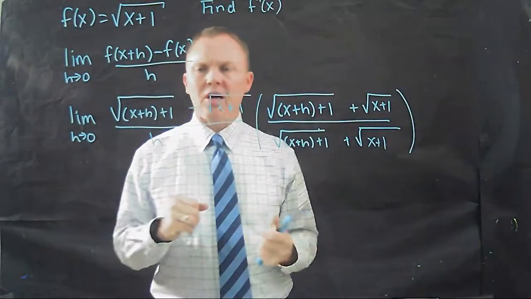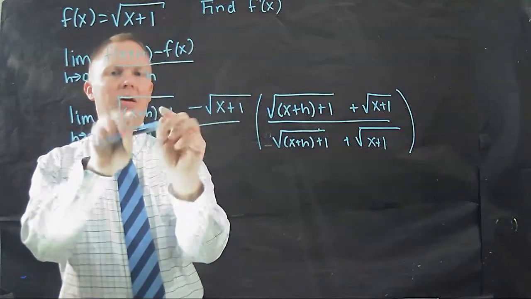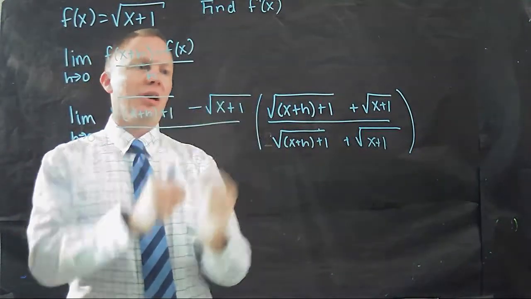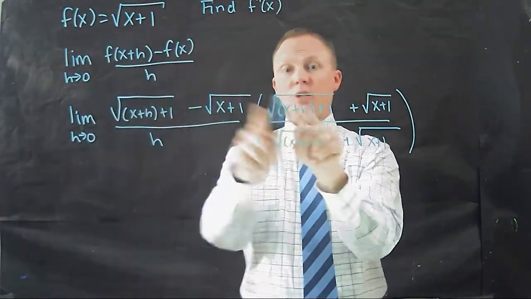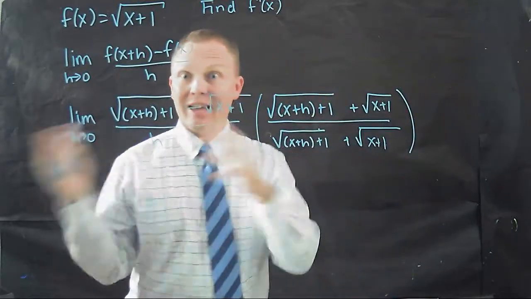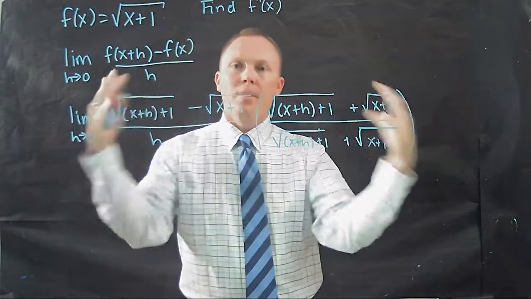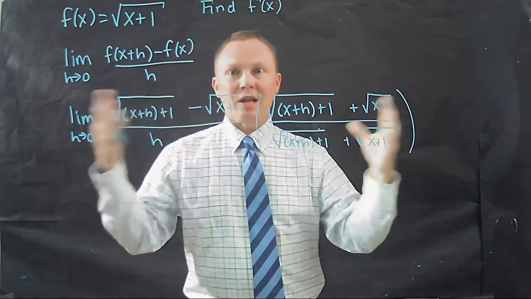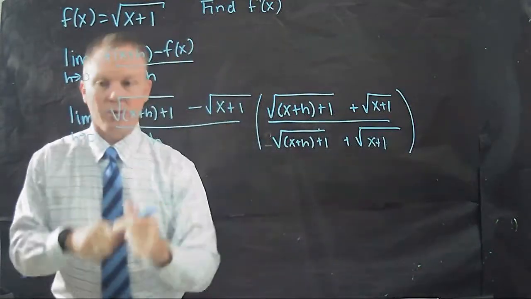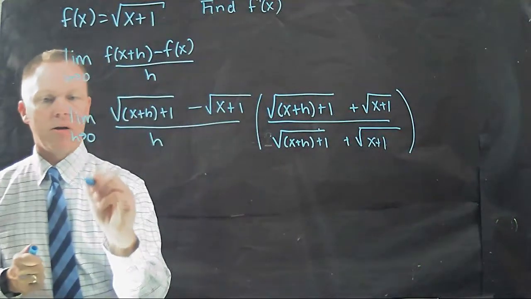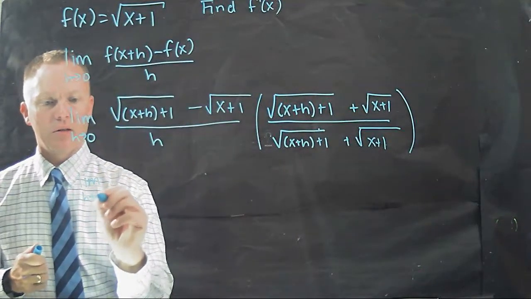What do we mean by the conjugate form? Well, if you notice, I have something minus something else. And then right here I have that same something plus something else. It's like a minus b, a plus b. It's a difference of two squares factored. So when I multiply those together, I'm going to get a squared minus b squared. And that's what we're going to do here, and it's going to simplify really nice.